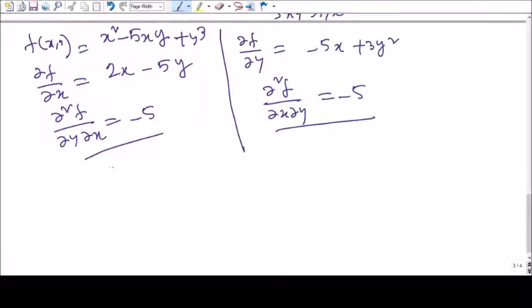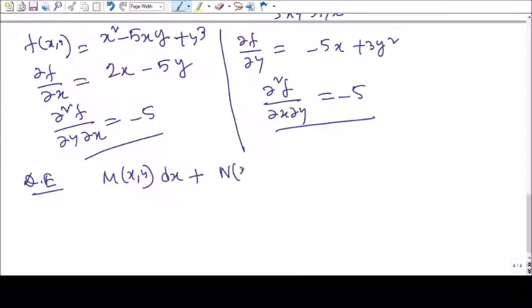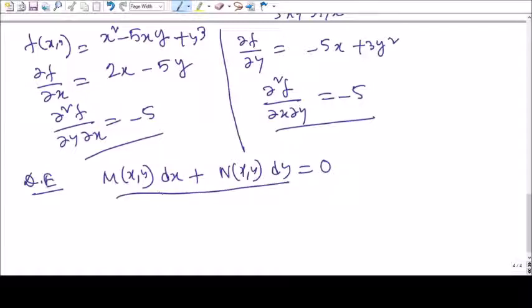So now we know the differential equation M(x,y) dx plus N(x,y) dy equal to 0. Suppose we have to prove that this is an exact differential equation. Let us first consider that the left hand side is an exact differential. So we have to find the condition, that is the criteria, for an exact differential.